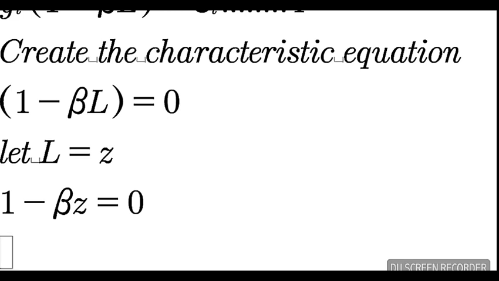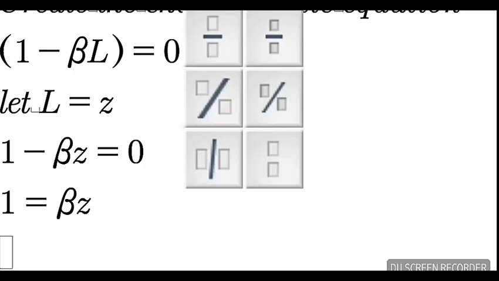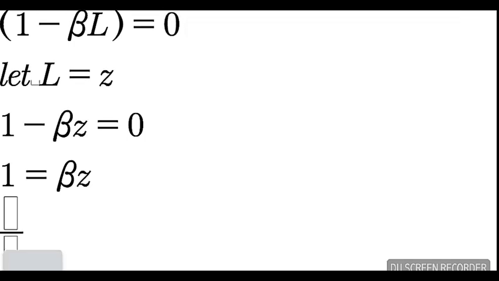We know that beta is a coefficient, a number which is different from 0. Solving for z, I transpose minus beta z to the left hand side to obtain 1 equal to beta z. Now I divide through by beta to have 1 over beta equal to z.